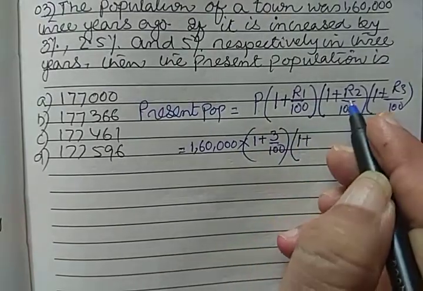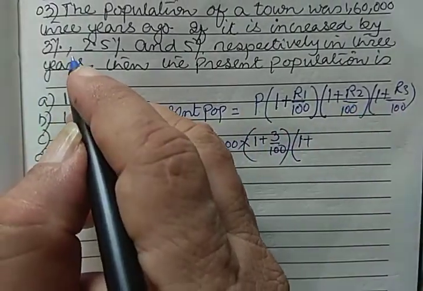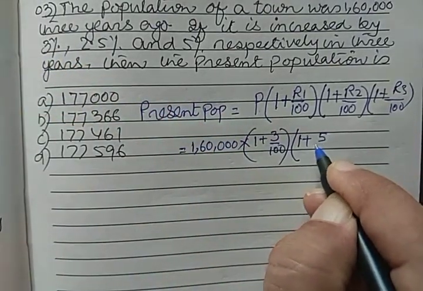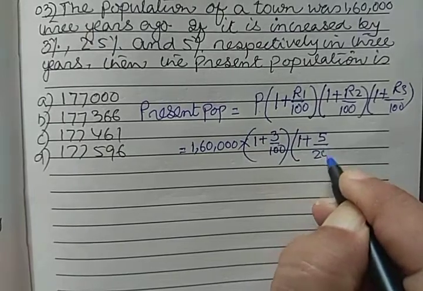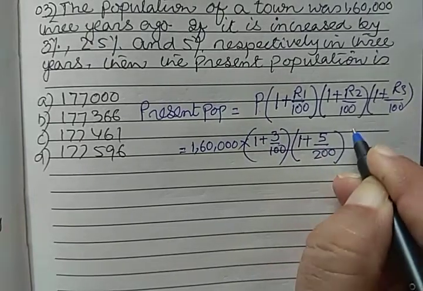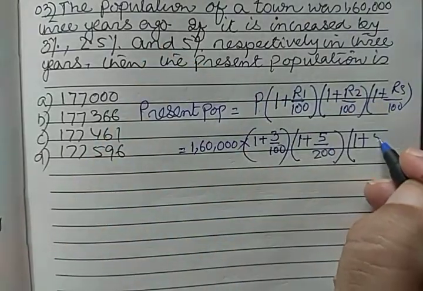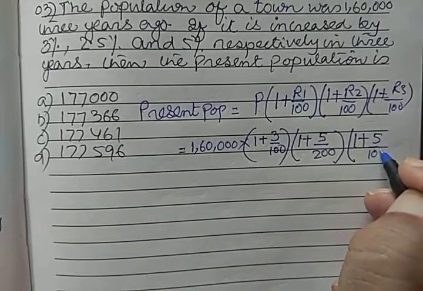What is R2? 2.5, which is 5 by 2, so 1 plus 5 by 2 into 100, that is 200. And R3 is 5, so 1 plus 5 by 100.